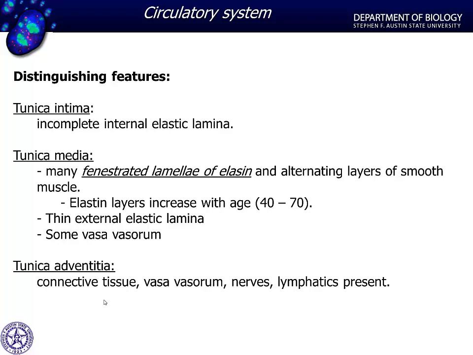So we're going to see a very thick media, as we mentioned before. That's usually the thickest of all the layers. The external elastic lamina is going to be extremely thin, very porous, again, to allow as much diffusion as possible, not necessarily from the luminal diameter, but from the vasa vasorum that is down in our tunica adventitia.